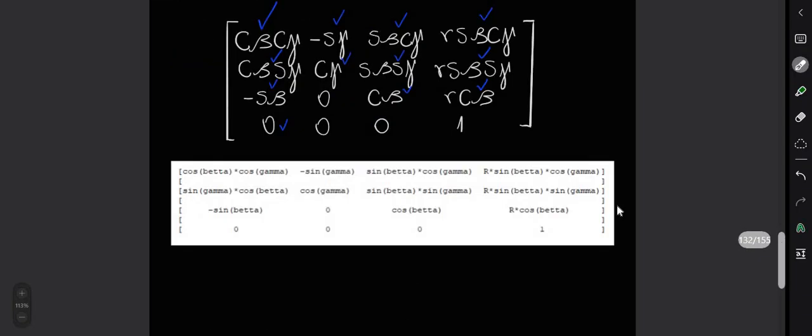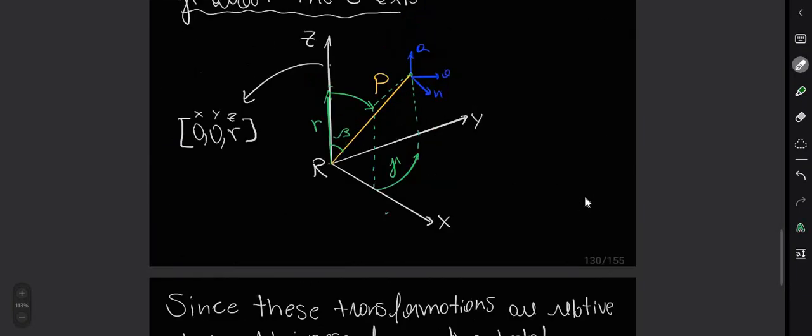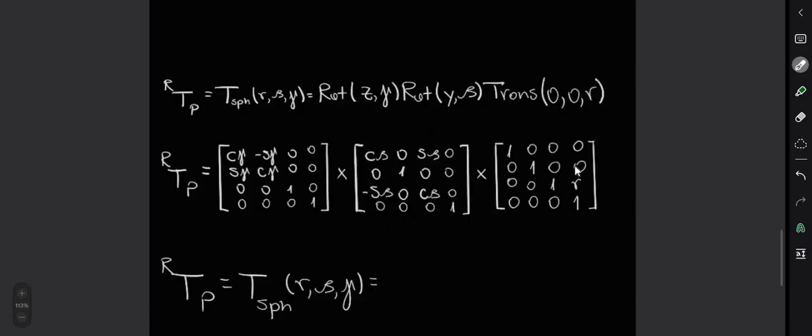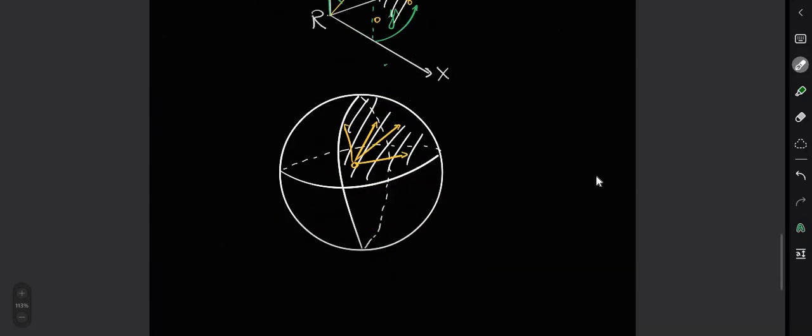So I will take the spherical coordinate system. Is this spherical, not the cylindrical?